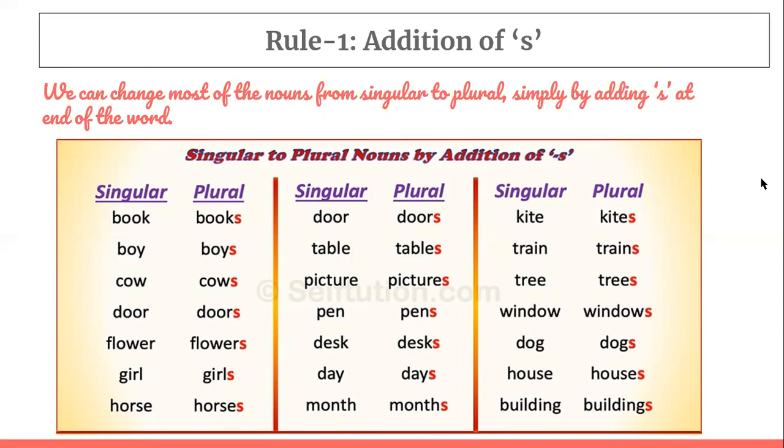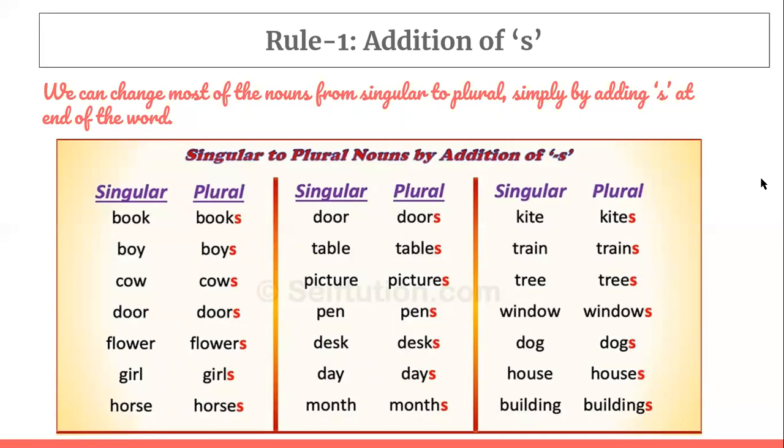Just write rule 1, addition of S. In the line below it, write, we can change most of the nouns from singular to plural simply by adding an S at the end of the word. And you can select any 5 examples and write them.